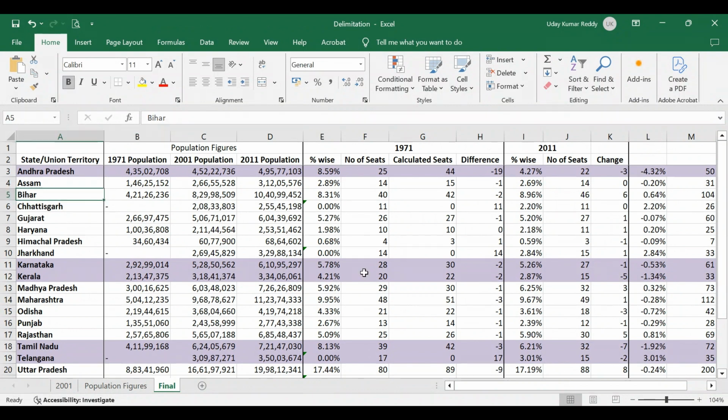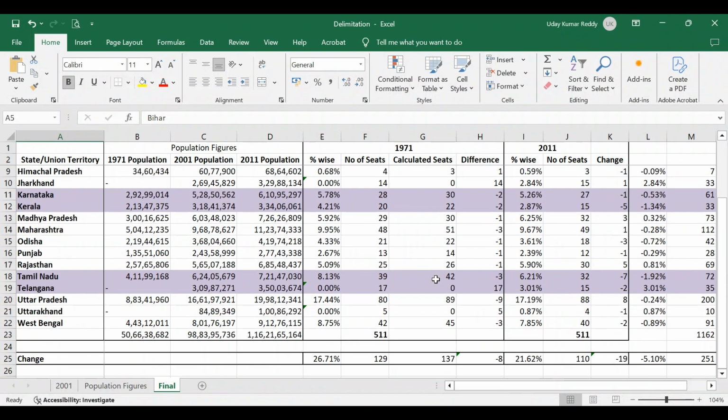In contrast, northern states like Uttar Pradesh, Bihar, Madhya Pradesh, and Rajasthan, which have experienced higher population growth, could gain additional parliamentary seats. This potential shift raises concerns about exacerbating the existing north-south divide in terms of political representation and resource allocation.